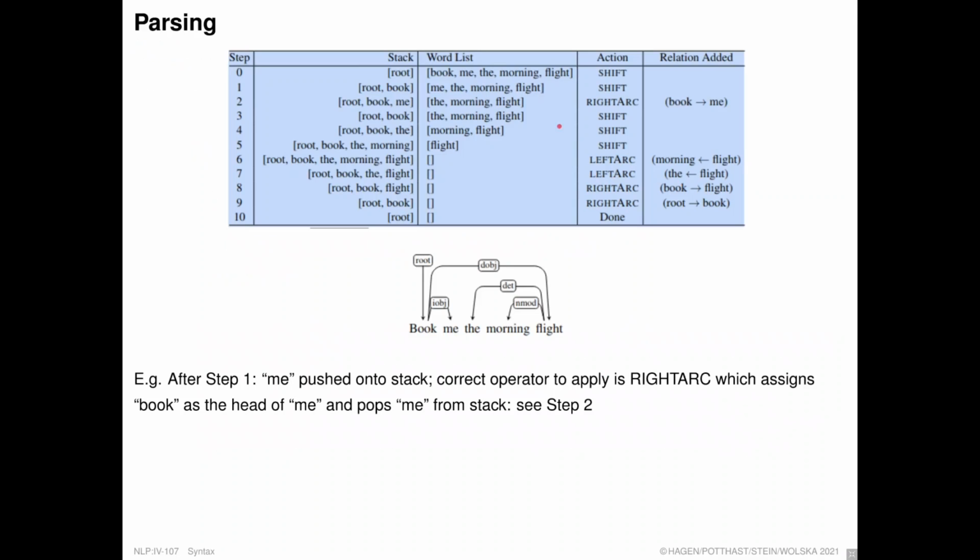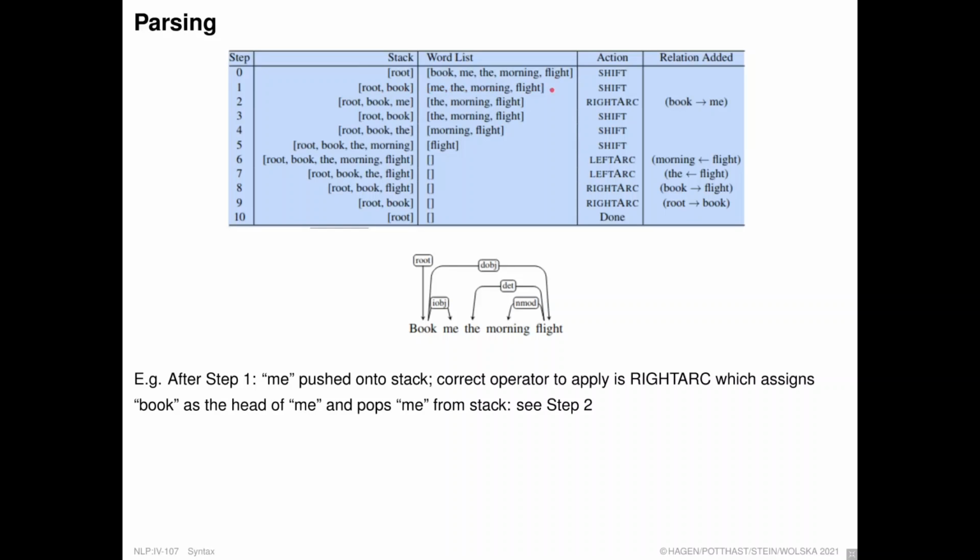Okay, here's an example of what this kind of stepwise transition through a sentence might look like. In the beginning, we start with a full sentence. And let's say after step one, where we've shifted the book, on the stack we have book and the root.